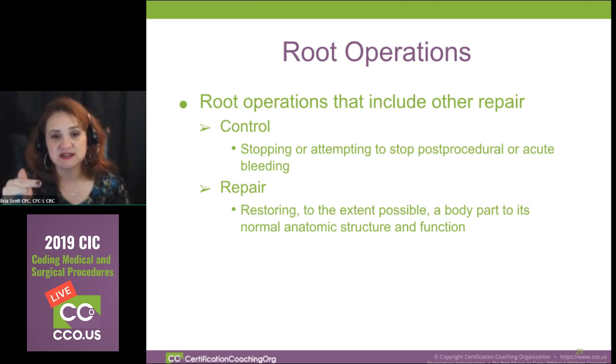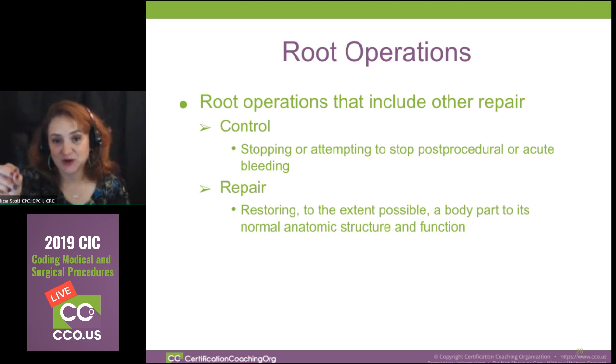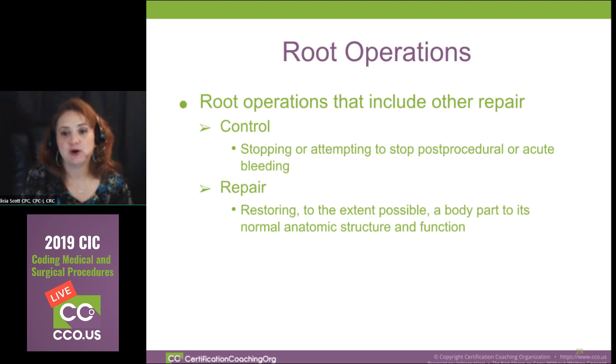If we're controlling something, we're going to stop, or notice it says attempting to stop, because sometimes it doesn't work. You know, we're attempting to stop a post-procedural or acute bleeding. That's what that means. We're putting on a tourniquet. And again, we're attempting to do it.